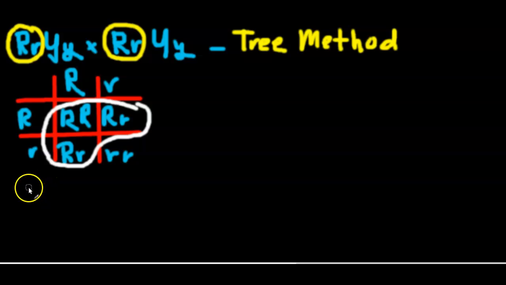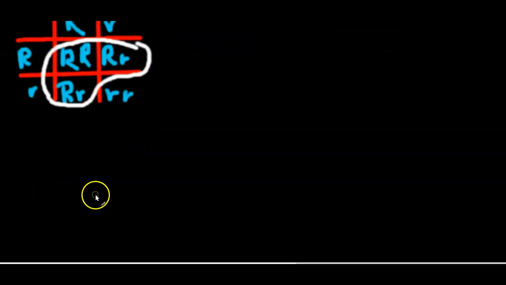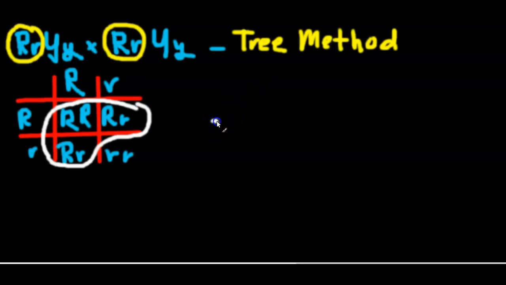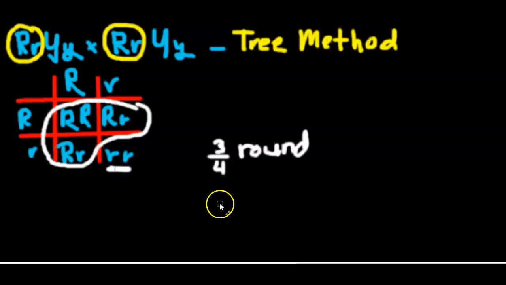So 3 out of 4, I can put it over here, 3 out of 4, and I'll move it down a little bit. So 3 out of 4 are going to be round. And 1 out of 4 are going to be wrinkled.